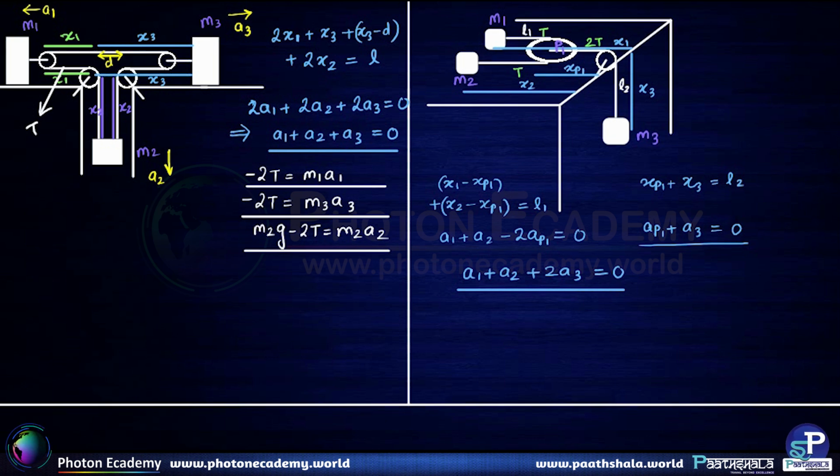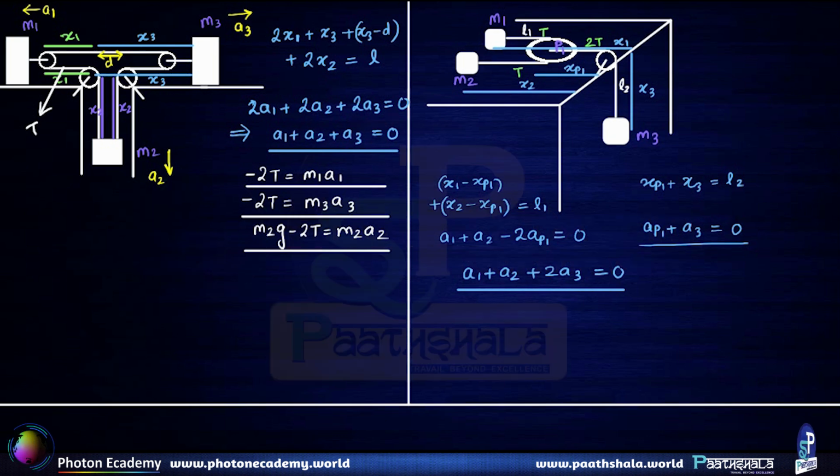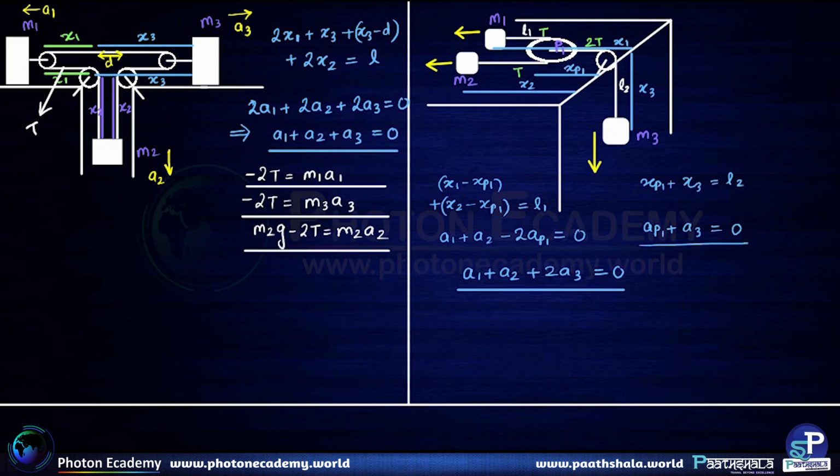Now we need to write down the Newtonian dynamical equations. So for this, we'll assume a1 to be in this direction, a2 to be in this direction, and a3 to be in the downward direction. So this happens to be a1, this happens to be a2, and this happens to be a3.